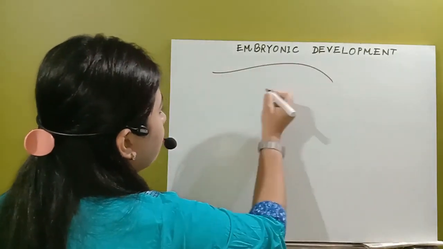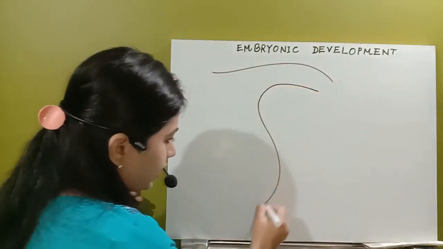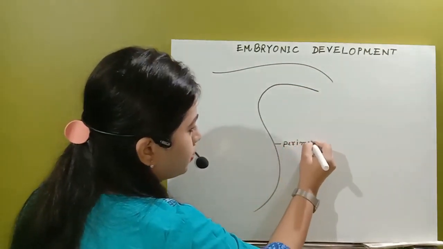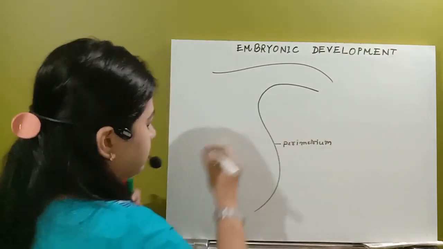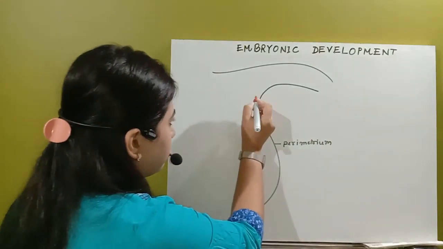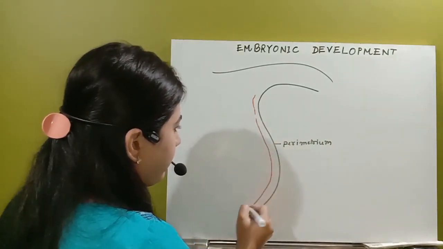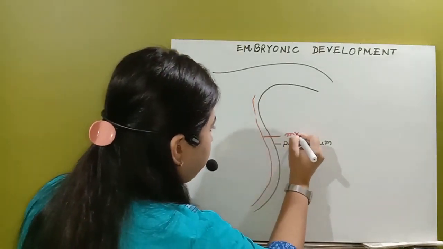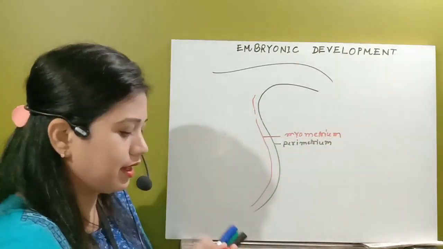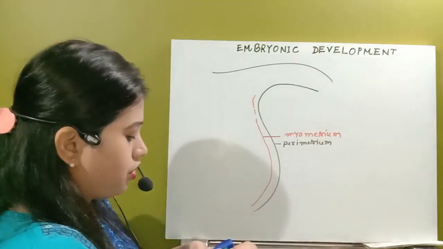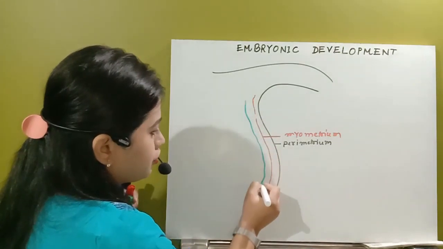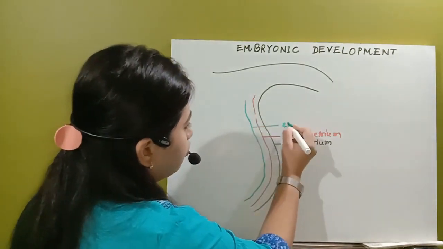First of all, let me draw that endometrium lining. This outermost one is the perimetrium. The middle one is the myometrium, where the blood vessels are present. And the innermost lining is the endometrium.